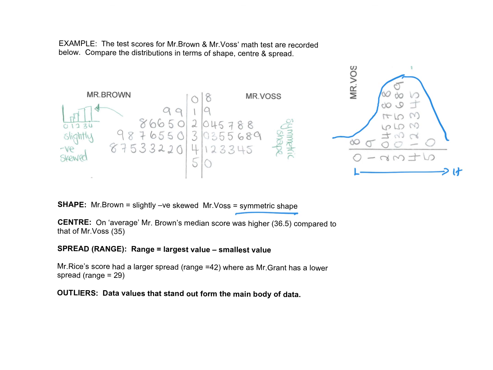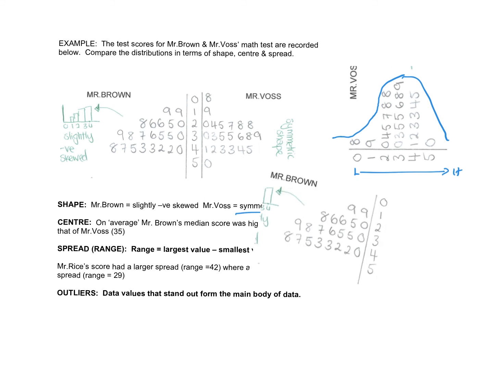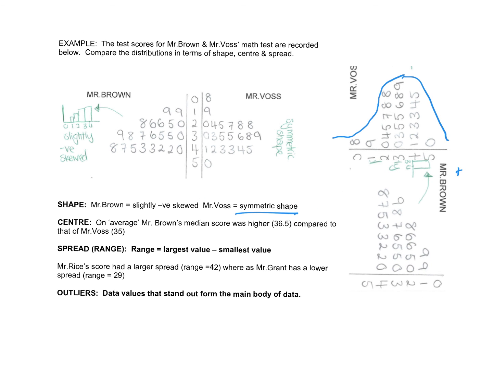So it's symmetric. Now be careful, if you turn Mr. Brown's class, you've got to be careful. See, if I turn it like that, this is not the lowest. The lowest has not been put first, has it? No. So it's actually the reverse way. You have to think of this as the beginning.